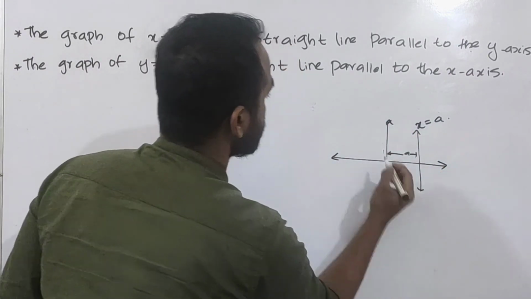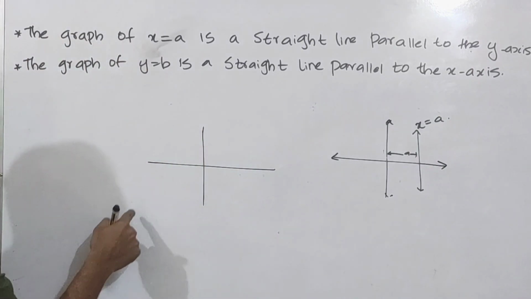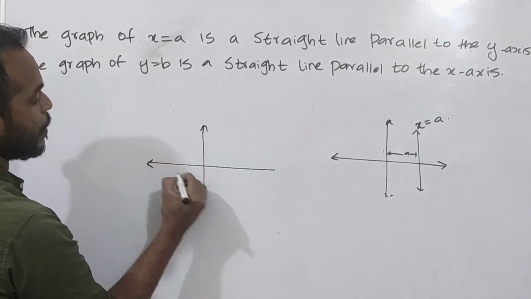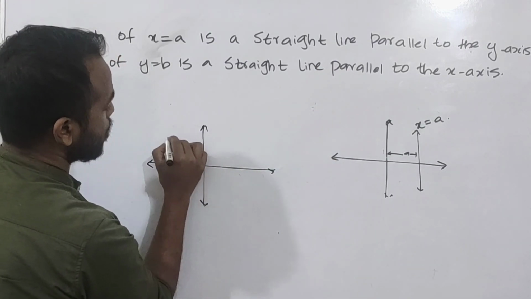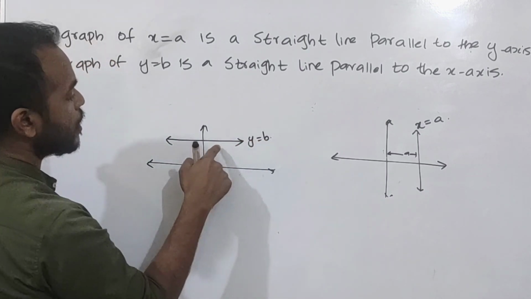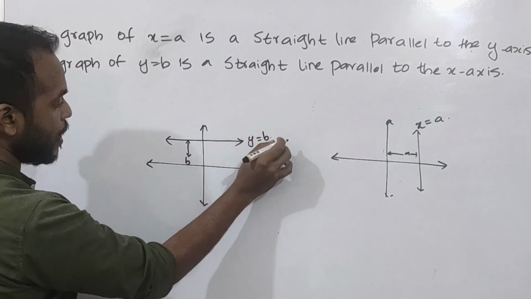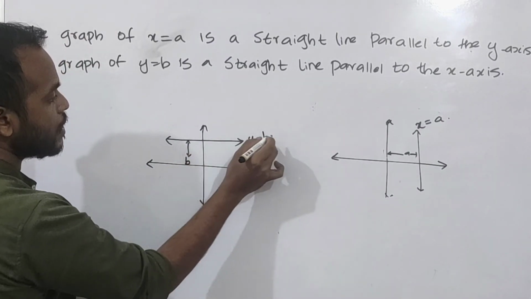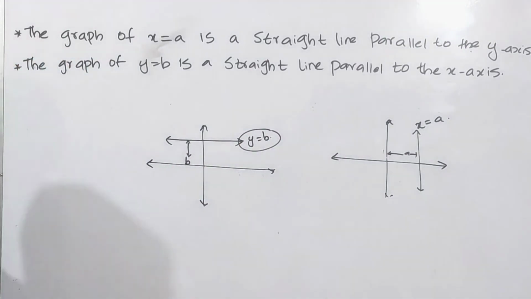In the second case, if we have the equation y is equal to b, then that will be a straight line parallel to the x axis. If the distance from the origin to this line is b, then this will be a straight line parallel to the x axis.